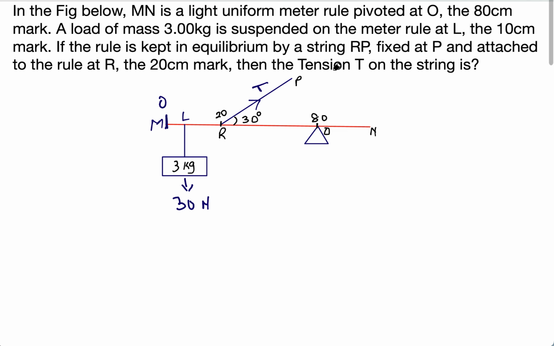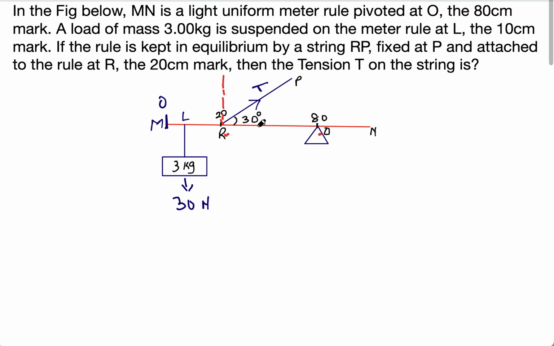However, the moment is taken in such a way that we multiply the force times the perpendicular distance away from the pivot. For this tension, as we can see, it is not acting perpendicularly to the meter rule. If it were acting perpendicularly to the meter rule MN, it would go in something of this nature, so that we can take the perpendicular distance from here to the pivot.